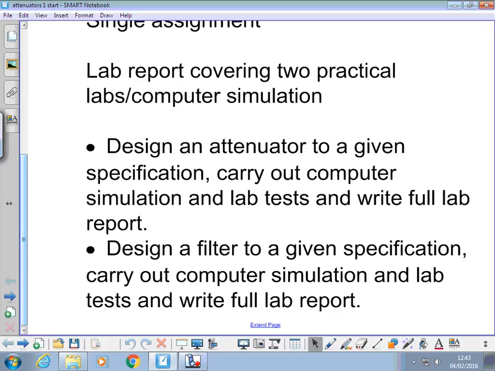For the design of the attenuator, we're going to use an online calculator to get the values of the resistors required for that network. Then we'll probably use Multisim to do a simulation. For the filter, we use a little filter design software I found that's free, which is handy because you can get hold of that program called LC.